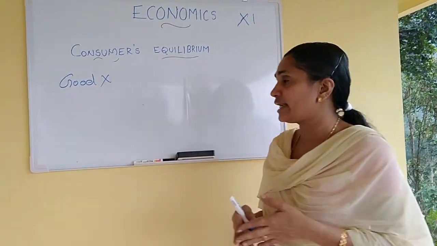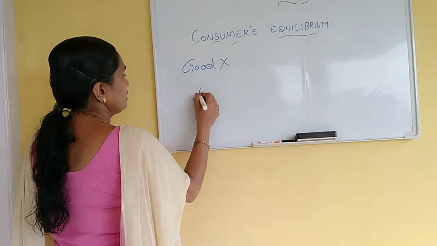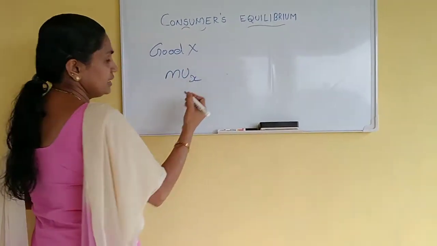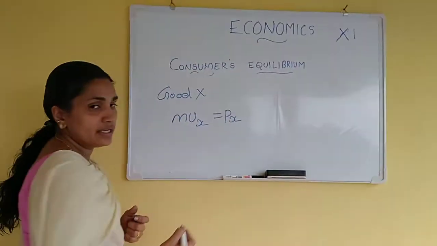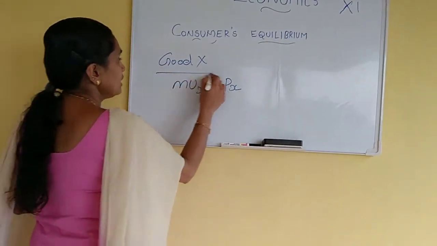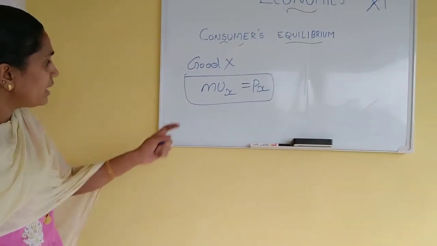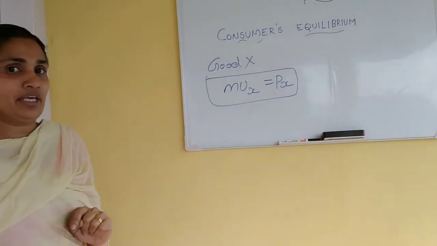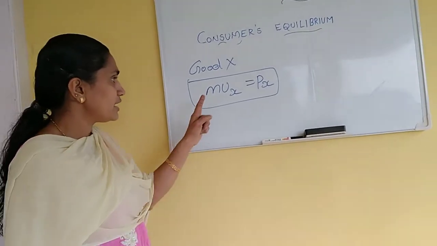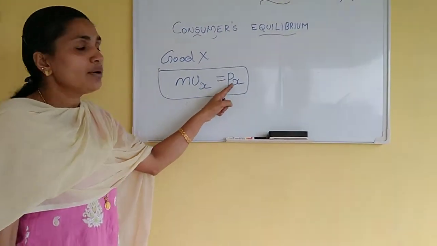So we can say that where the marginal utility of that particular commodity is equal to the price of the commodity, this point we can call consumers are in equilibrium in a single commodity economy.